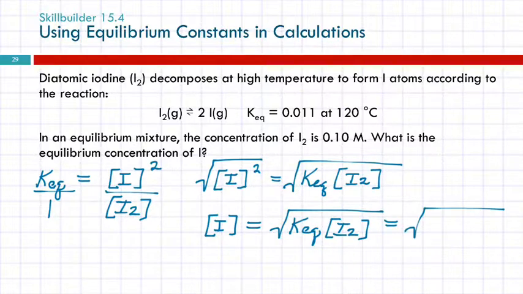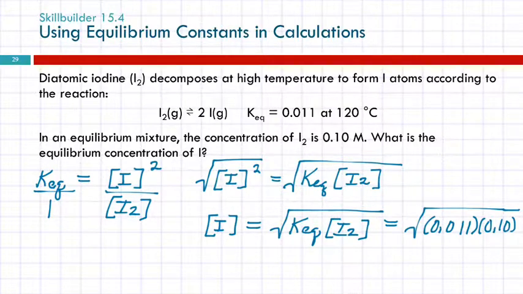So that's the square root of KEQ, 0.011, times the concentration of I2, 0.10. Calculators look at this differently, but you need to be taking the square root of 0.011 times 0.1.